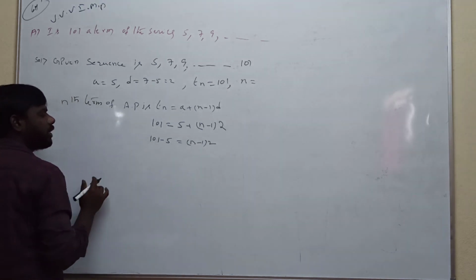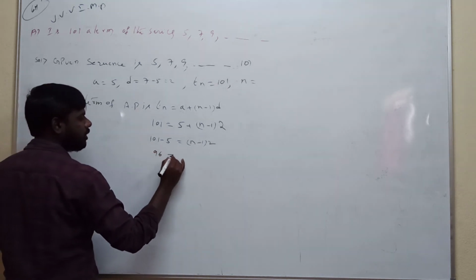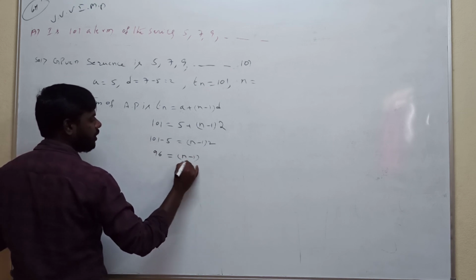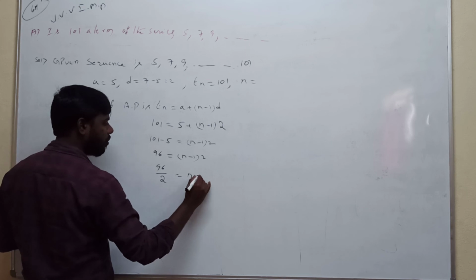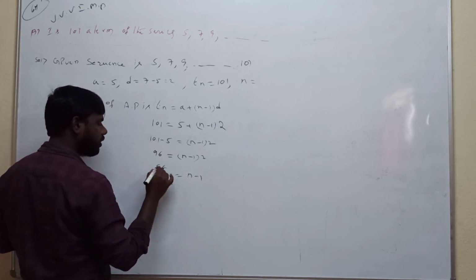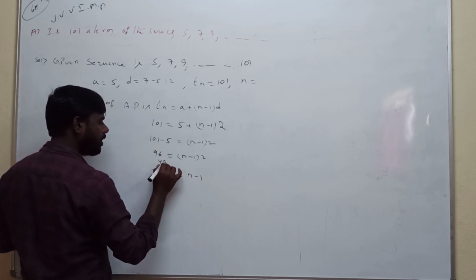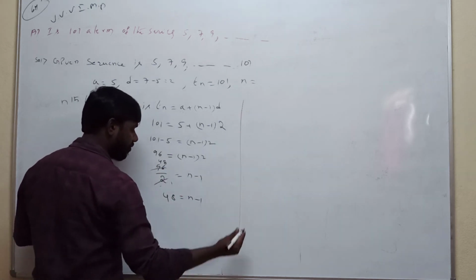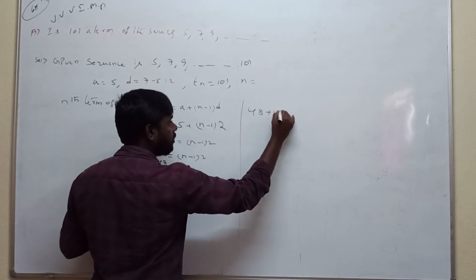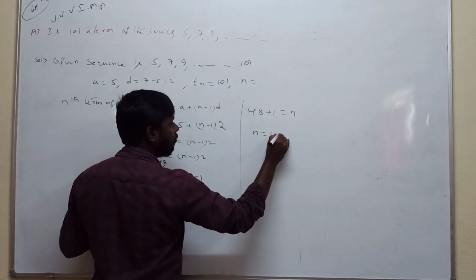So 96 is equal to n minus 1 into 2. 2 goes to the denominator: 96 by 2 is equal to n minus 1. Cancelling, 2 times 48 is 96, so 48 is equal to n minus 1. Take 1 to the left hand side: 48 plus 1, so n is equal to 49.